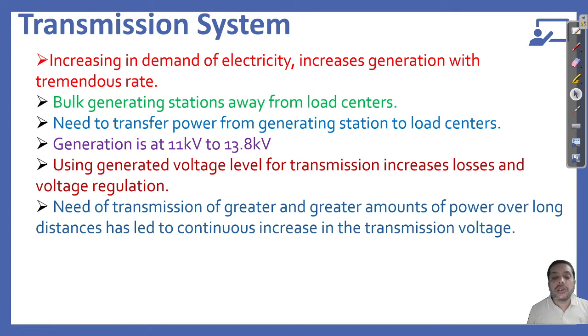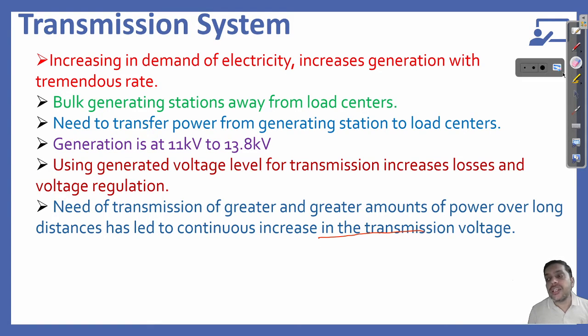Need of transmission. The need to transmit greater and greater amounts of power over a long distance leads to a continuous increase in transmission voltage. Suppose you want to transfer a greater amount of power over a long distance, then it is necessary to increase the transmission line voltage.